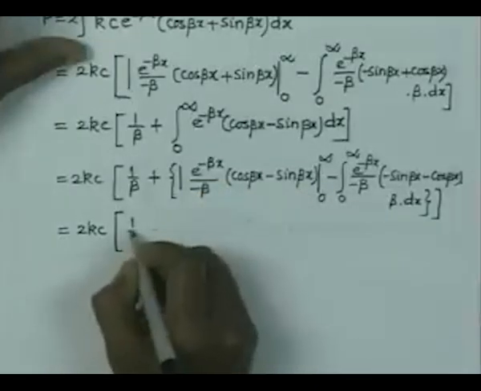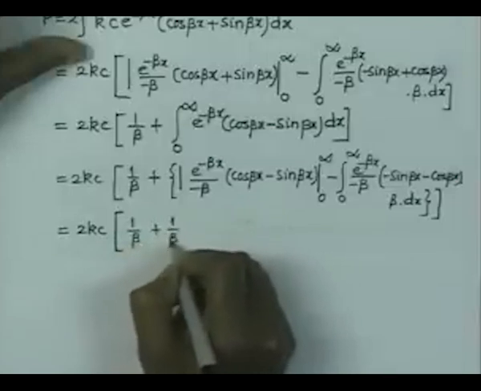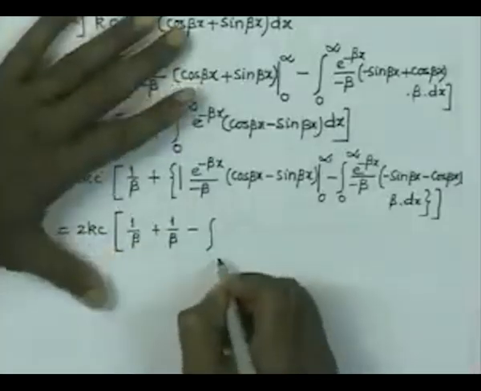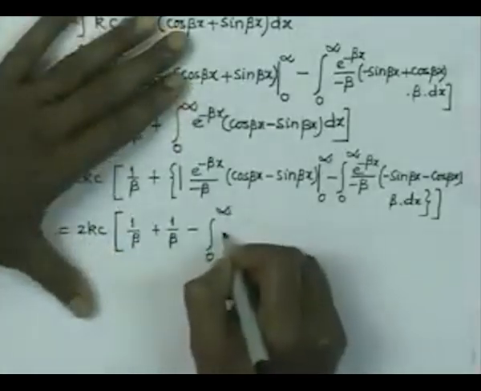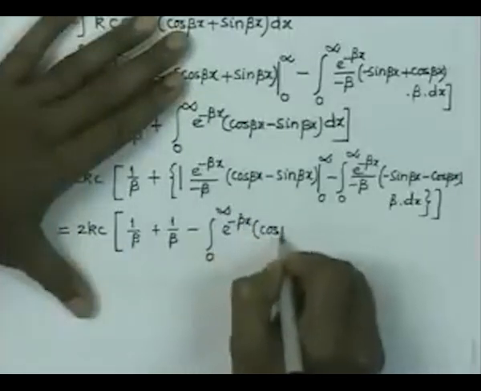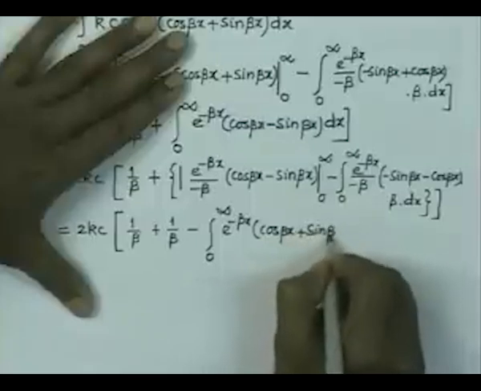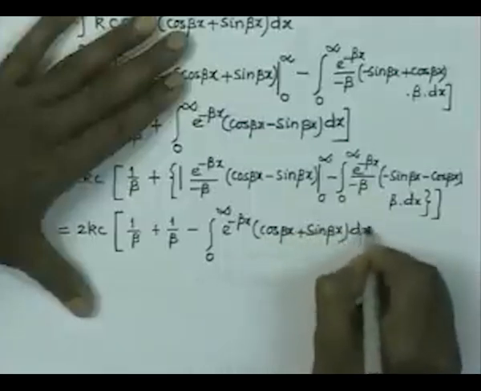So, therefore, we will have 1 by beta plus 1 by beta, and so let me just write that this is nothing but e to the power minus beta x into cosine beta x plus sin beta x dx.